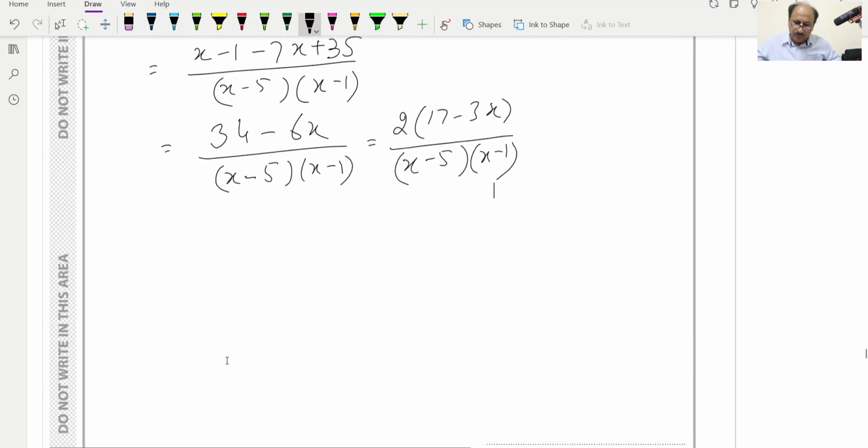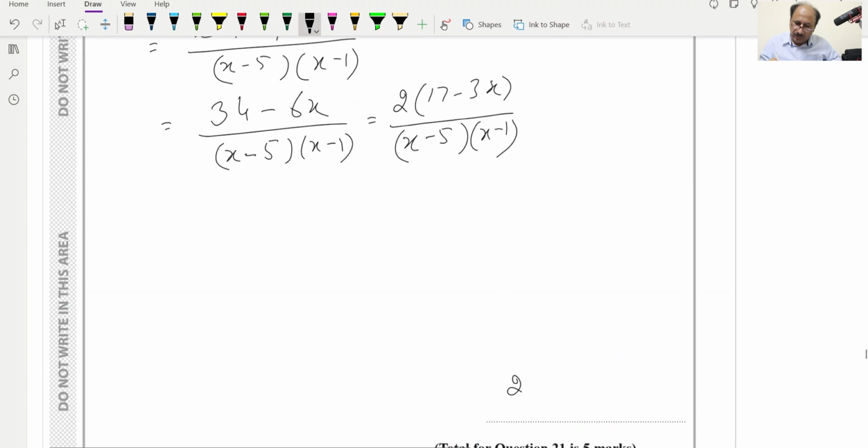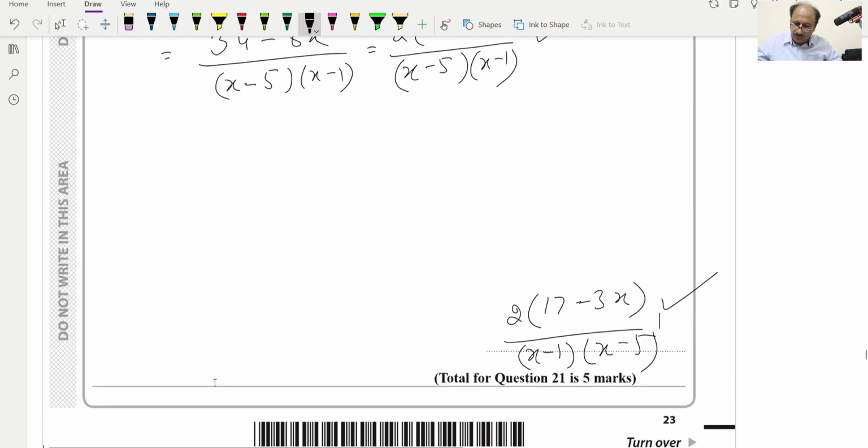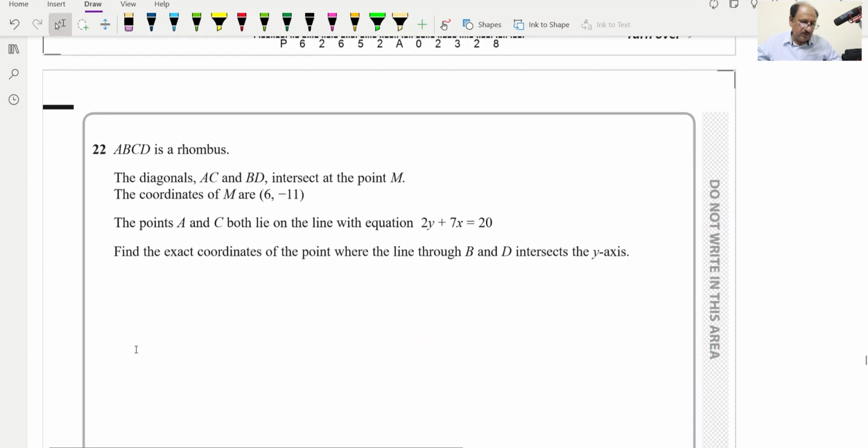This will be the one single fraction which we can write over here, 17 minus 3x divided by x minus 5 into x minus 1. We can switch the order also like this one. So this will be our final answer. That was a 5 mark question which we are done with.